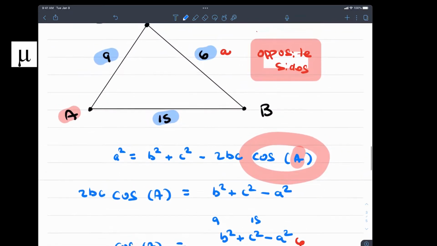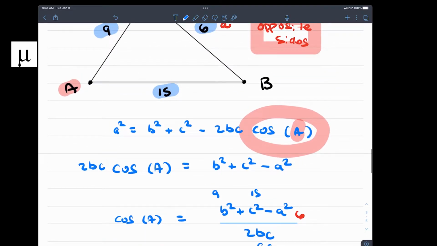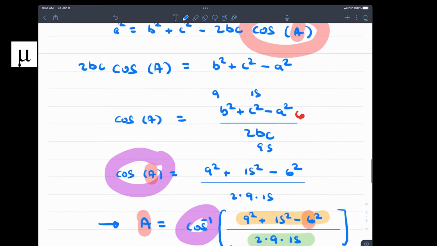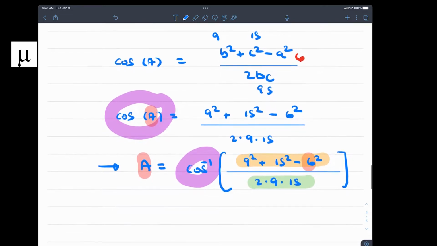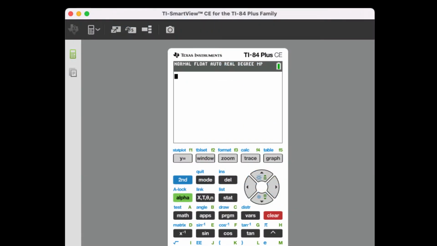All right, let's double check here, okay? 2 times 9 times 15 down here. All right, let me double check here. Apologize. Let's go back to the TI here, okay? So let's get this in the TI. Now, inverse, let's find what this number is here.